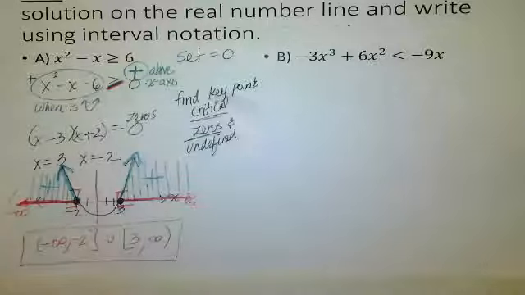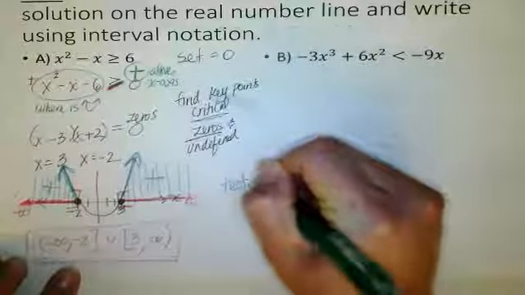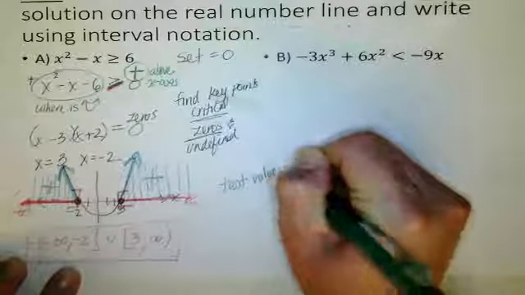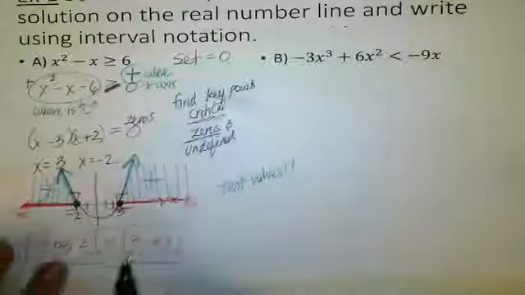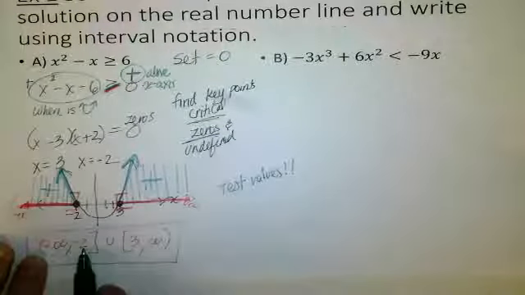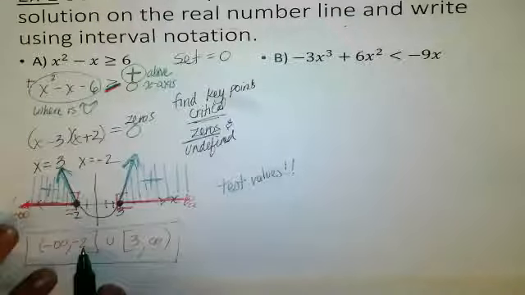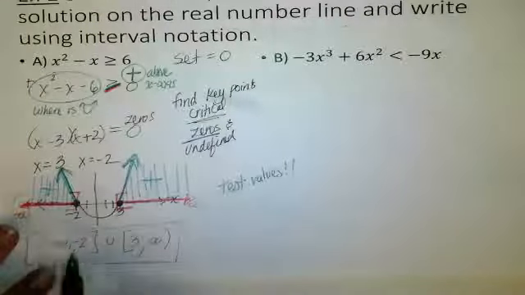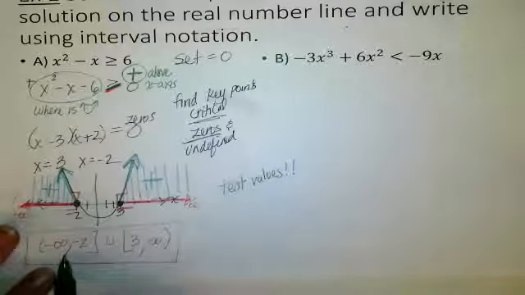Now, what does that mean? Testing a point: you can always test values anytime you have an inequality. What this means is, in these two intervals, between negative infinity and negative 2, pick a number. Give me an x value between negative infinity and negative 2. Negative 4.